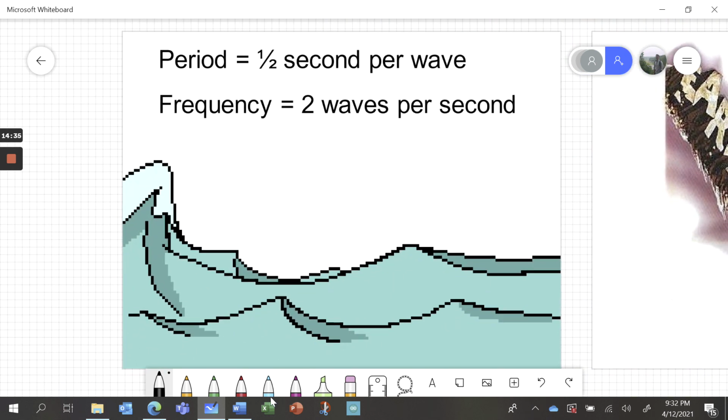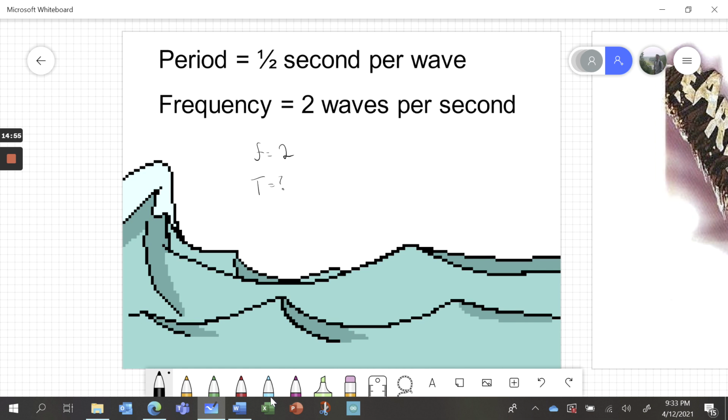First example, we have a period of half a second per wave. The frequency would be 2 waves per second. So how we got that, F is equal to 2, and we need to figure out the period. Okay.